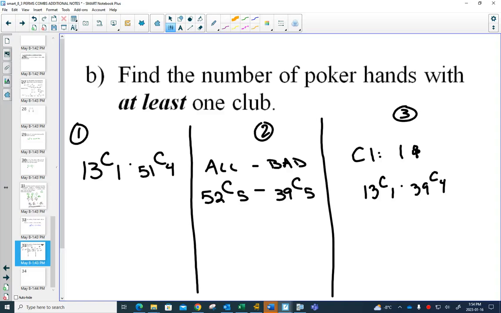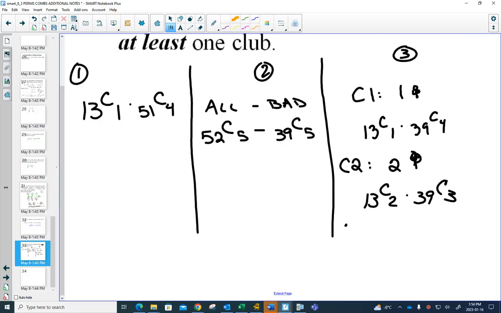Then case 2, and this one's going to be a little long-winded. Case 2, 2 clubs, 13 choose 2, and then of the other 39 cards, I choose 3 more. Case 3, 3 clubs would be 13 choose 3, and of the other 39, I choose 2 more.